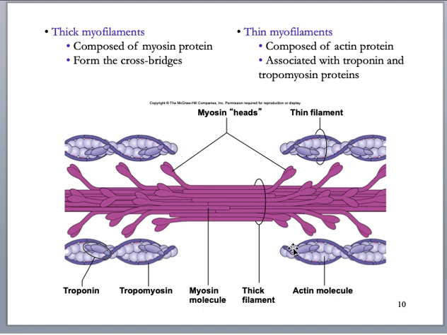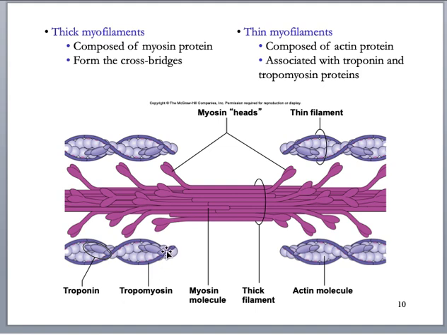So this would be a relaxed sarcomere. Again, we also see an H zone where we only see thick filaments, not completely overlapping with the thin. These myosin heads cannot attach to actin because the myosin binding sites on each one of these actin subunits are being covered by tropomyosin.